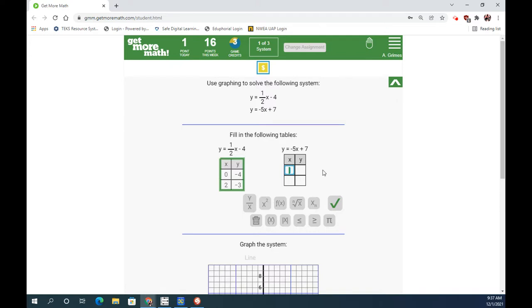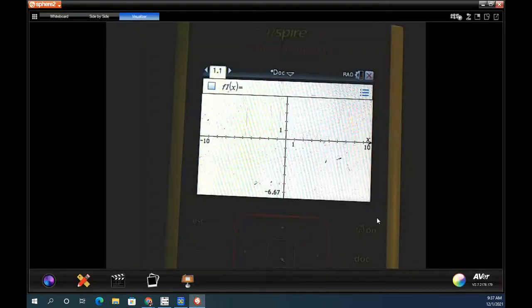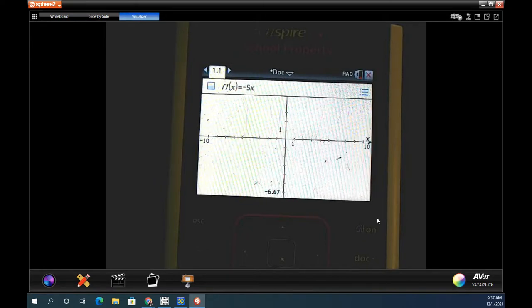Now, the next one, y equals negative 5x plus 7. Put that one in. Add graph. Oh, y'all can't see. So I would type in negative 5x plus 7.